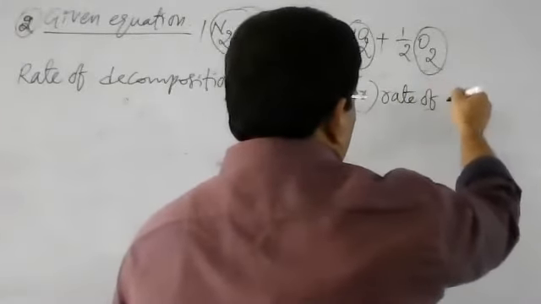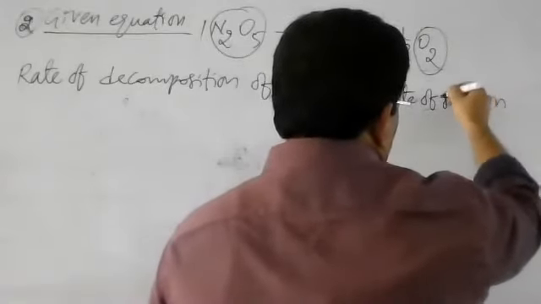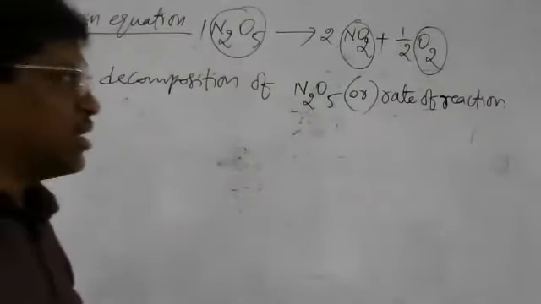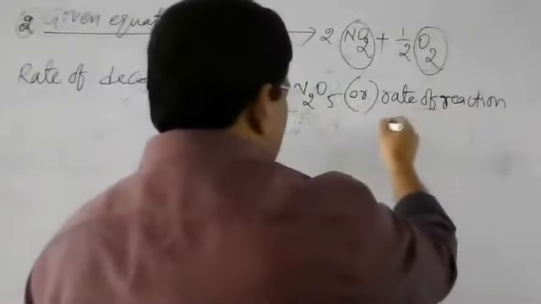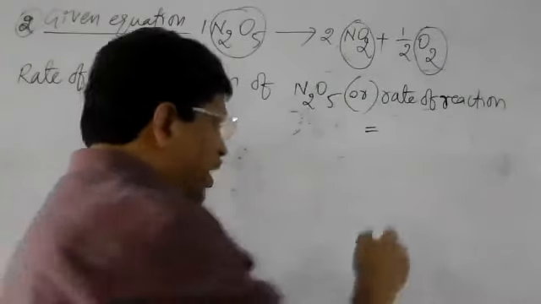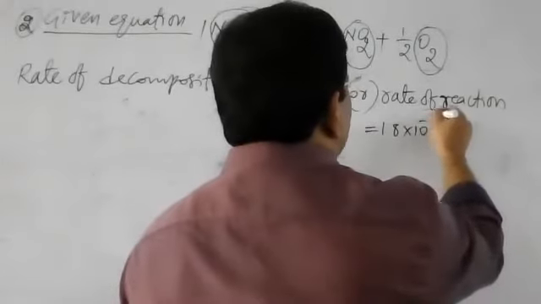So the rate of reaction is nothing but the rate of decomposition. The rate of decomposition is given as 1.8 into 10 to the power of minus 3.